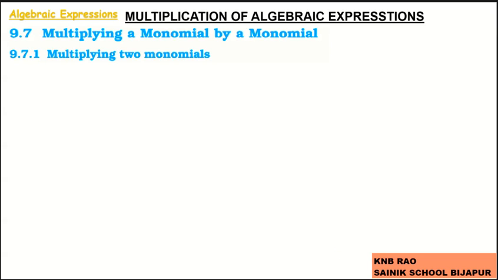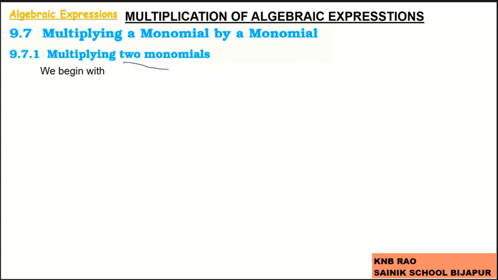Students, multiplication of algebraic expressions broadly we consider, but as a basics for learning multiplication of algebraic expressions, we will start considering monomials and we will see multiplying a monomial by a monomial. Now, when two monomials are multiplied, how do we do? So, let us begin.